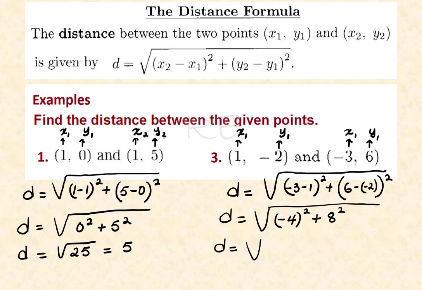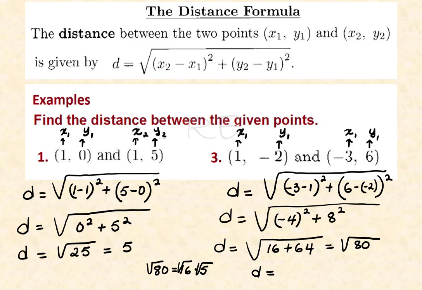So we're going to have 16 plus 64, which is equal to the square root of 80. 80 is equal to 16 times 5. So the square root of 80 is the square root of 16 times the square root of 5, which is 4 square root of 5. So that distance is equal to 4 square root of 5.